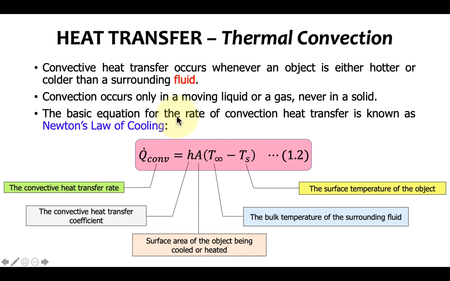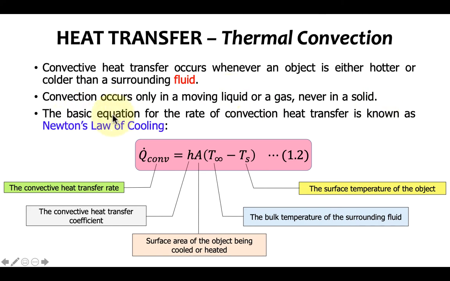Convective heat transfer occurs whenever an object is either hotter or colder than a surrounding fluid. Convection occurs only in a moving liquid or a gas, never in a solid.